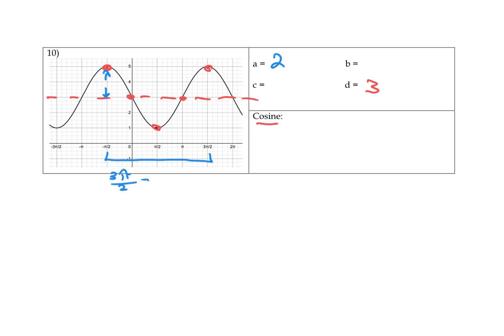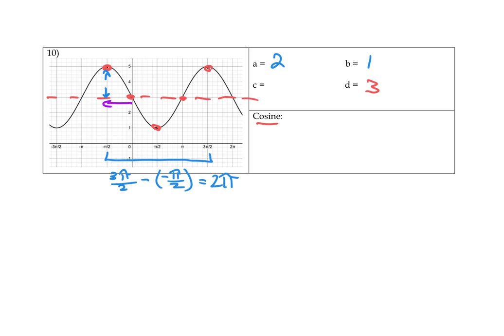My B value is seeing if I changed my period any, so I start with 3 pi over 2 minus negative pi over 2, which ends up giving me 4 pi over 2, which is 2 pi. So my B value does not change any. Now my C value is where I started, so usually start on the x-axis. I move this way.